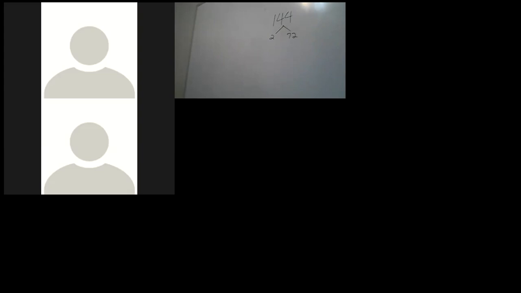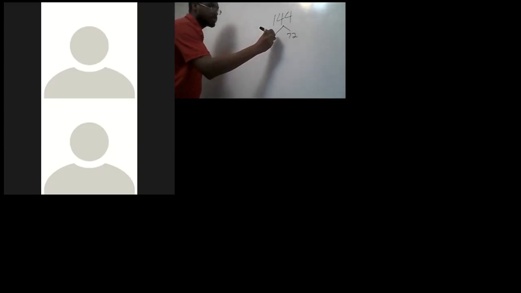You don't have to memorize them. The list of primes is going to tell me what are prime numbers. One of my primes is 2. So 2 is a prime.